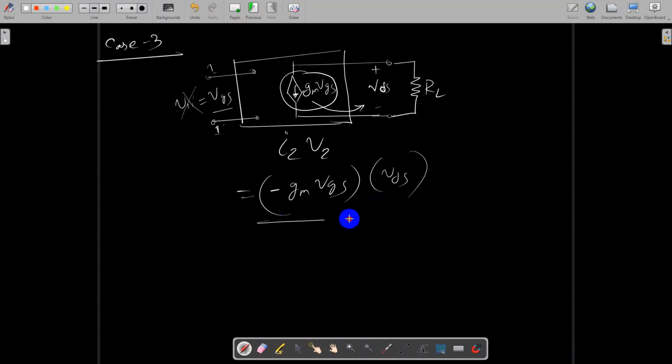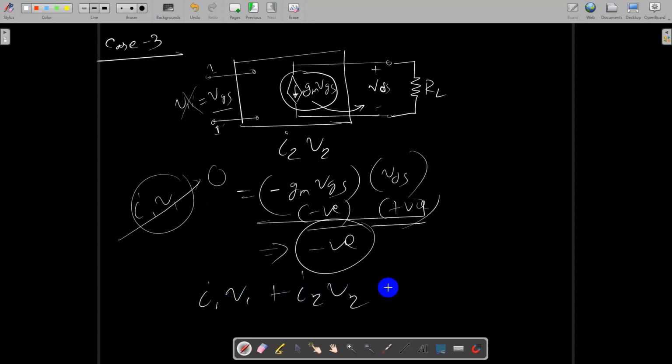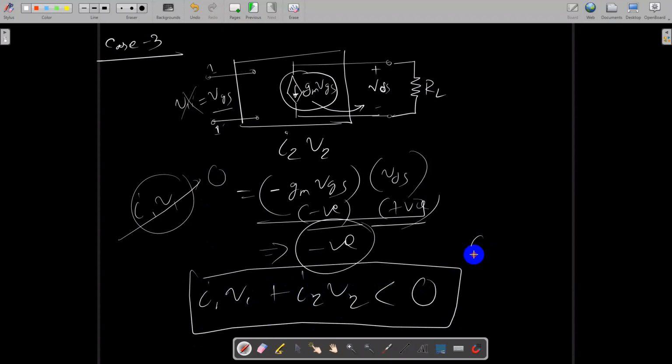So from this, this is negative, this is positive, and negative times positive is actually negative. So we can surely say that as I1 V1 is 0, I1 V1 plus I2 V2 is less than 0. So it is active. So now the MOSFET is an active device.